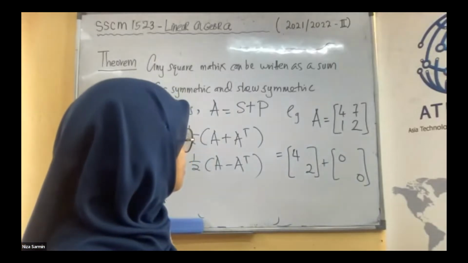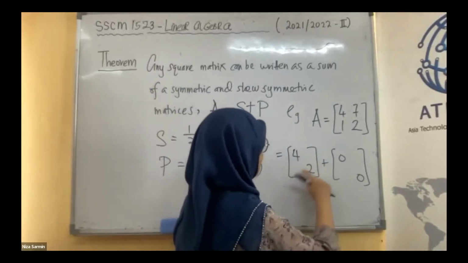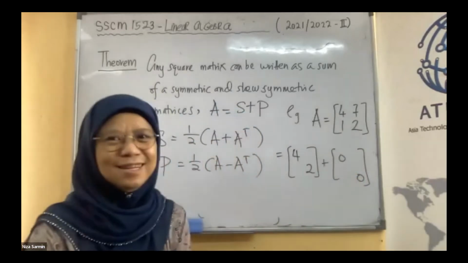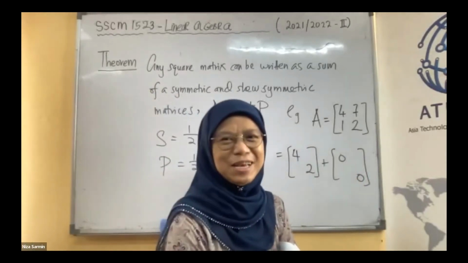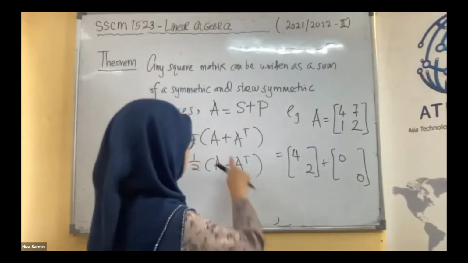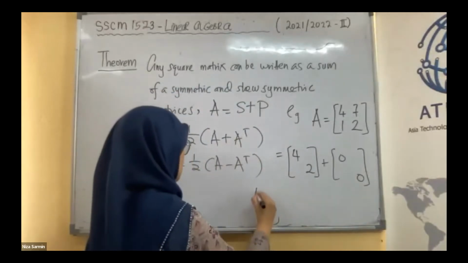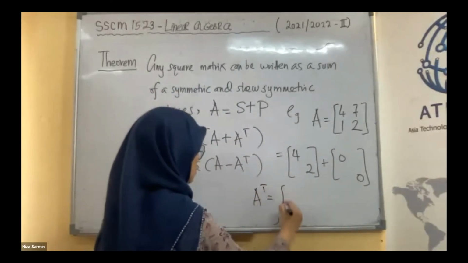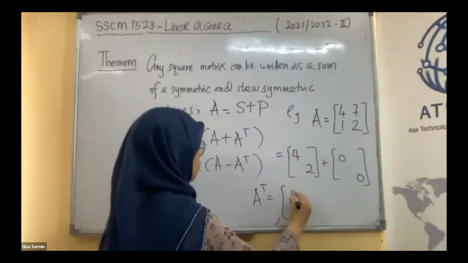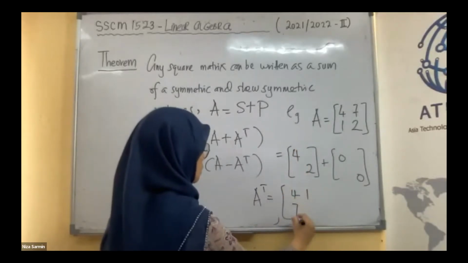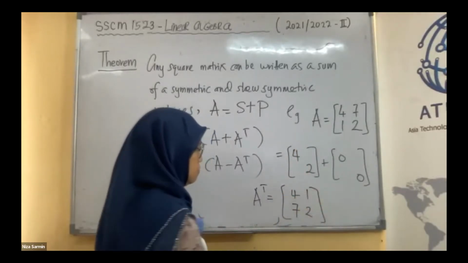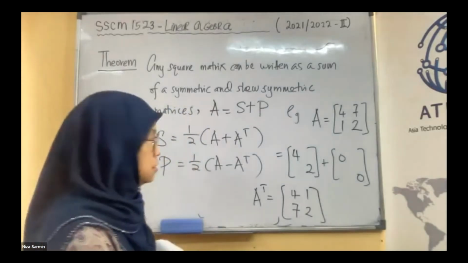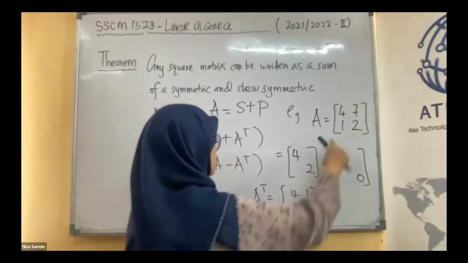Then how do you get this and this? It's hard to just try. So actually there is a formula according to this. The transpose is 4, 1, 7, 2, right? That's the transpose.